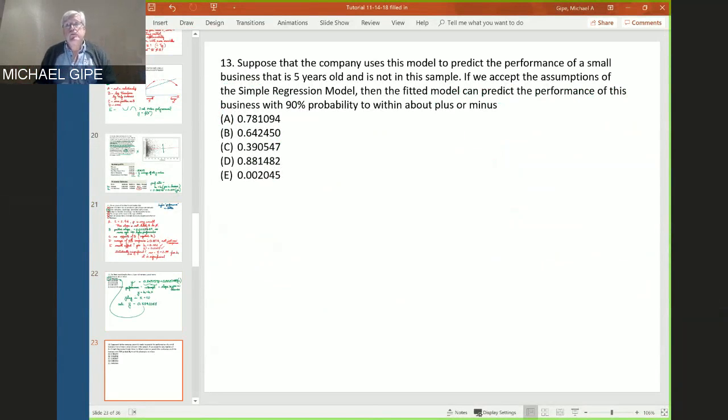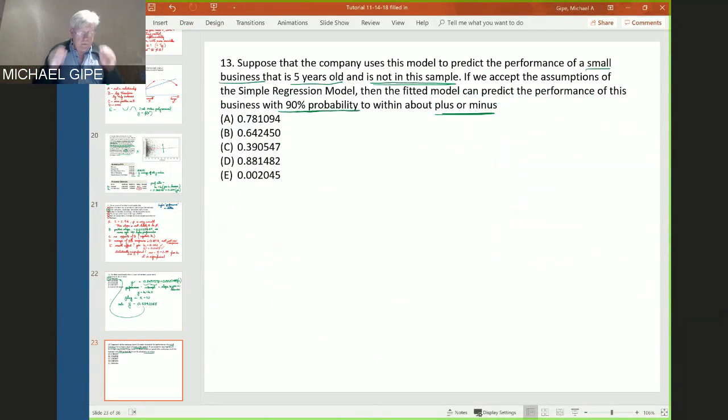Suppose that the company uses this model to predict the performance of a small business that is 5 years old and is not in this sample. If we accept the assumptions of the simple regression model, then the fitted model can predict the performance of this business with 90% probability to within plus or minus what?